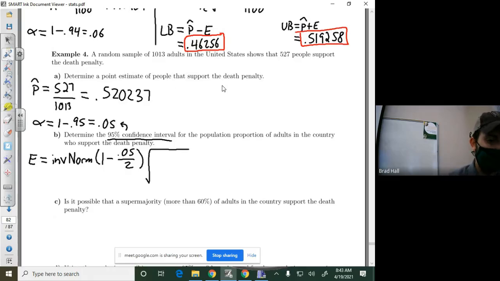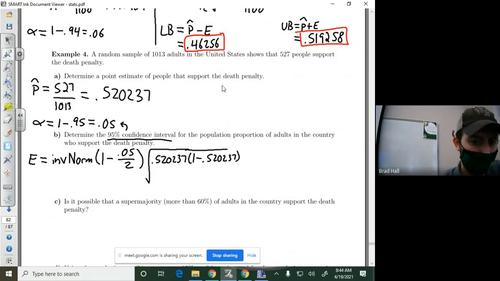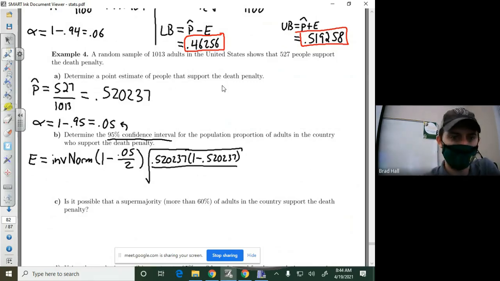It's the square root of p hat, which we found to be 0.520237, times 1 minus 0.520237, all of this divided by lowercase n, which we had as 1013.